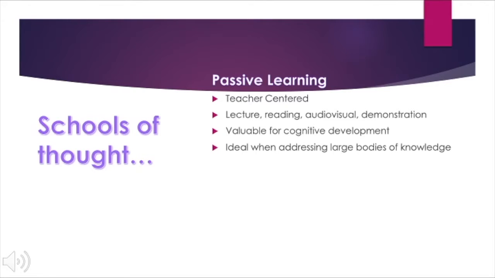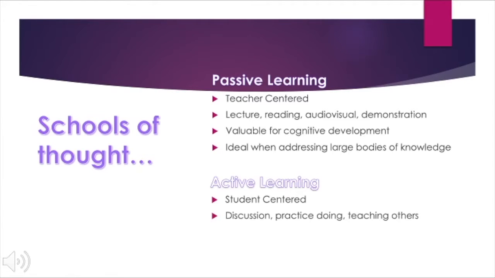In the opposing realm of thought, we have what's known as active learning. Active learning is more student-centered, places a heavy emphasis on student inclusion and gaining knowledge through discovery. Active learning techniques are more along the lines of things like discussion, practicing and doing, teaching others, and alternative approaches to learning rather than text, lecture, assessment-based learning.